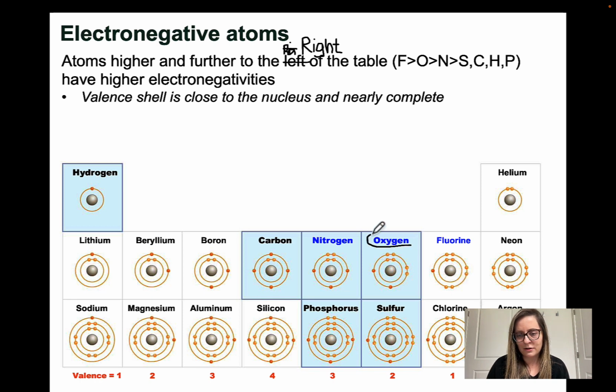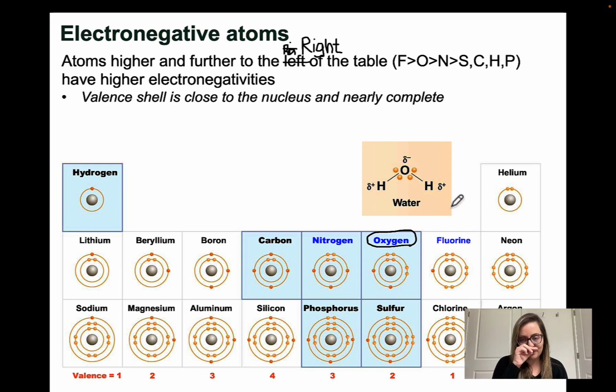Oxygen is another atom that is very electronegative. And this is followed by nitrogen. And then basically the rest of the elements have about the same electronegativity. And so nitrogen, oxygen, and fluorine are going to want to steal electrons when they participate in a covalent bond.